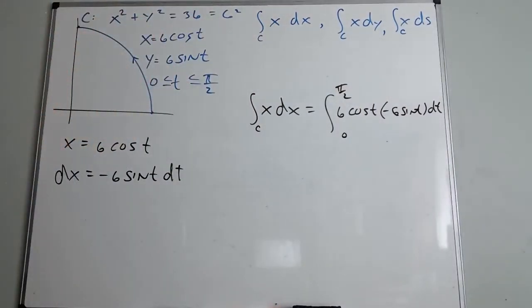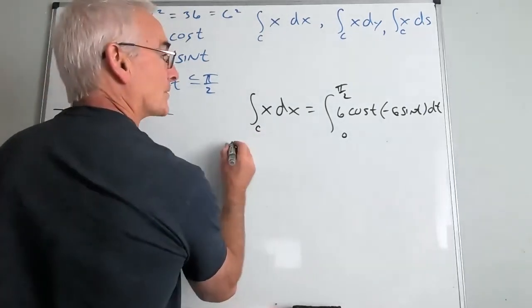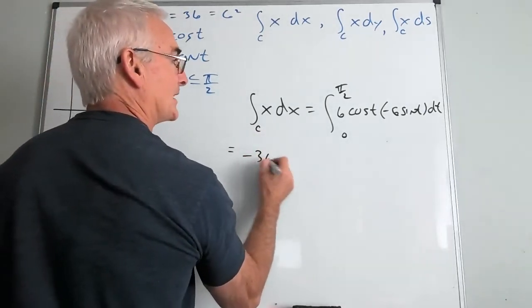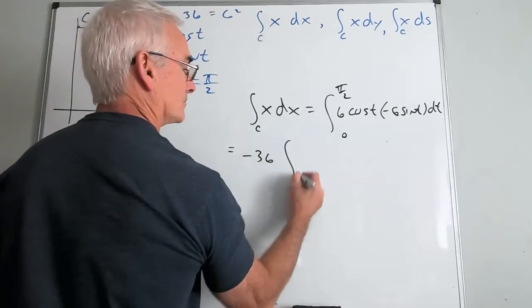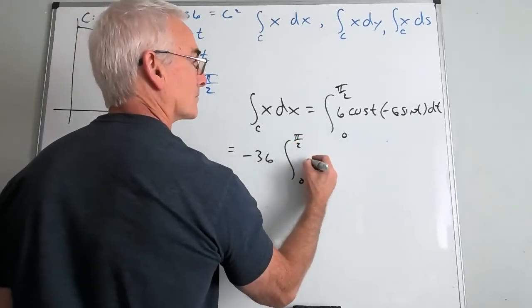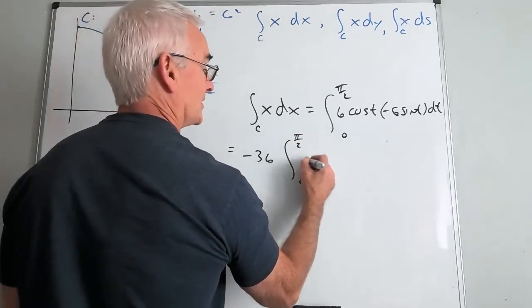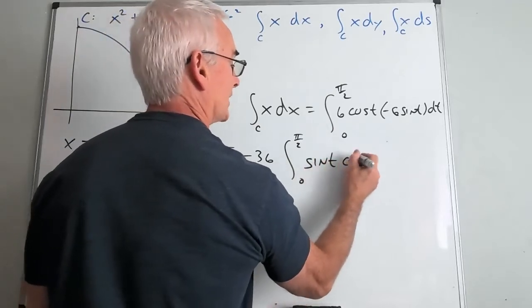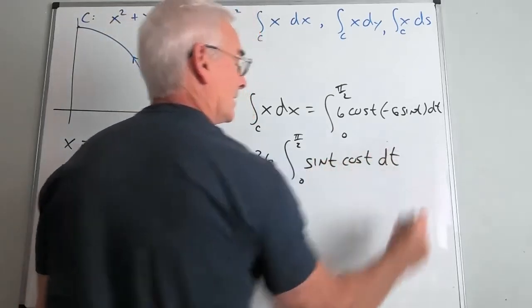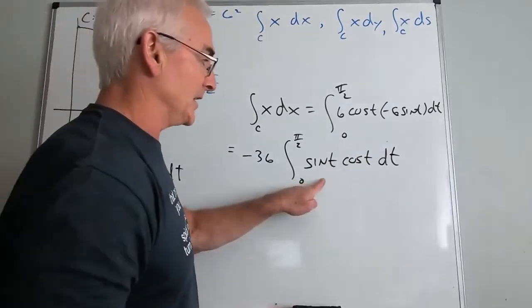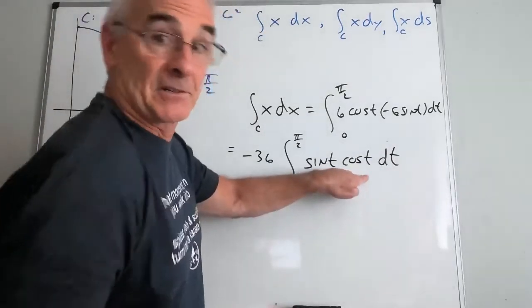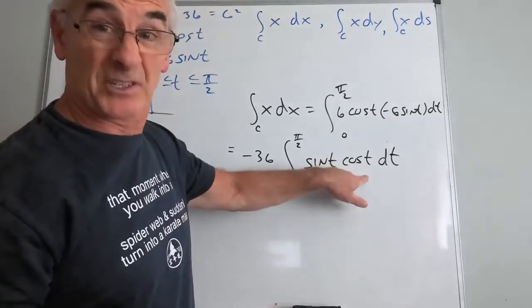And when you're looking at that, you're going, oh, that's not that complicated. So let's continue. That would be negative 36 sine t cos t. If my u is sine t, then clearly my du is cos t. That makes this really easy, doesn't it?